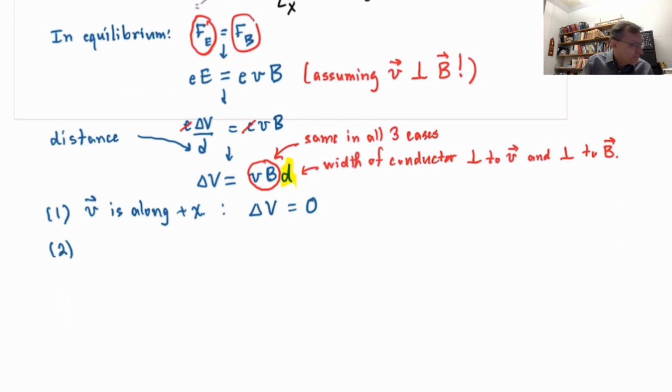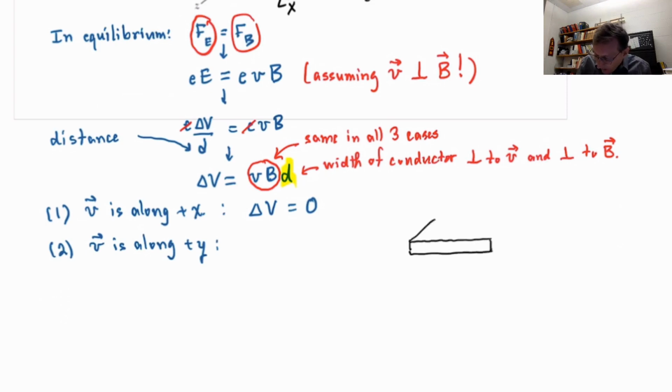Okay, case 2. The velocity vector is along the plus y direction. Let me try to draw this block over here to the side, just trying to show you the three-dimensionality of it.